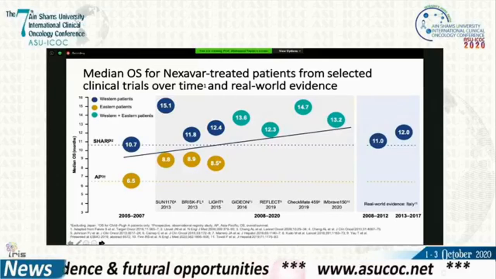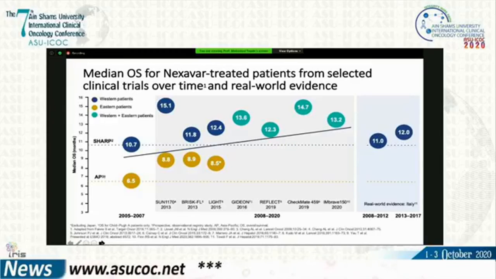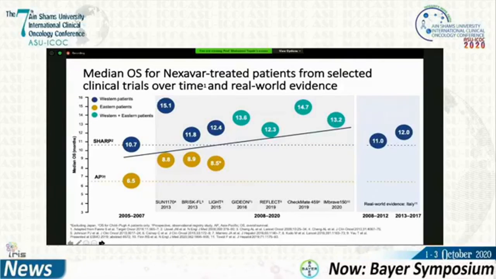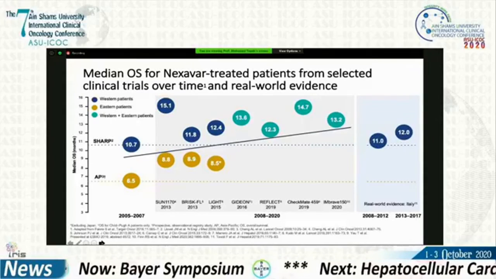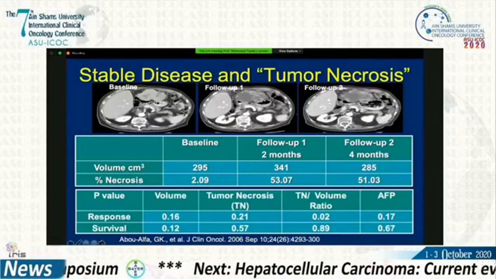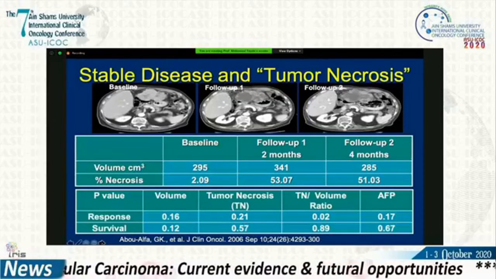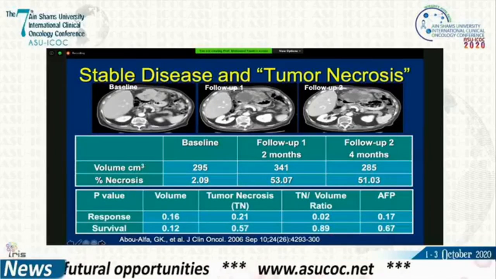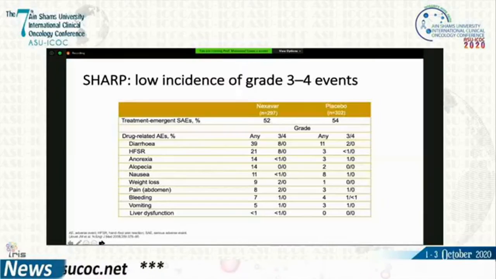And in the recent IMbrave150 trial, in the sorafenib arm, the median overall survival was 13.2 months, which means that the more we are getting experience with the toxicity profile of sorafenib, the better results we will get. And Professor Ghassan Abou-Alfa has presented this before and showed that with sorafenib, stable disease and tumor necrosis can be translated into progression-free survival benefit and overall survival benefit.